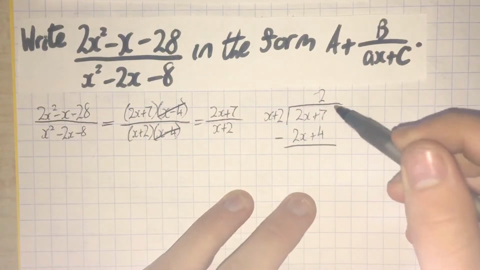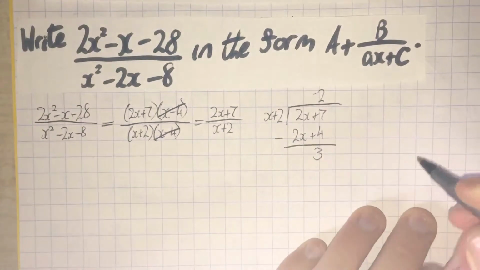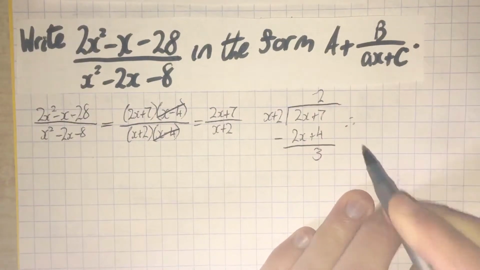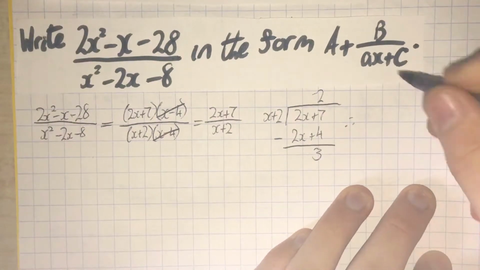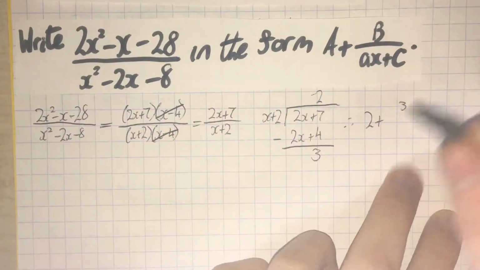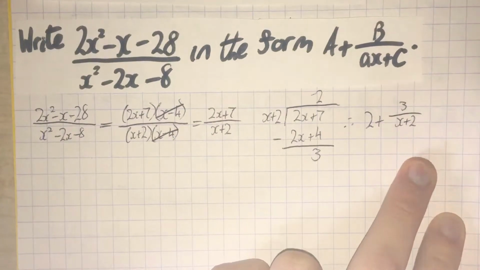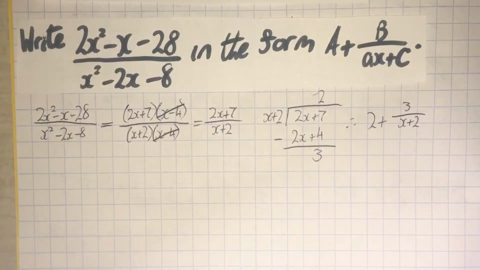If 2x is cancelled off, 7 minus 4 is 3, meaning that's just therefore, in case you haven't come across it before, we shall have 2 plus 3, our remainder, over x plus 2. Hopefully you followed that and understood it completely.